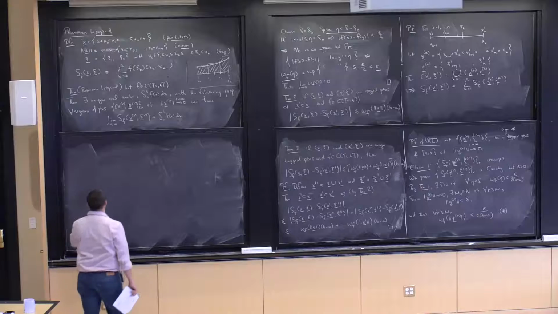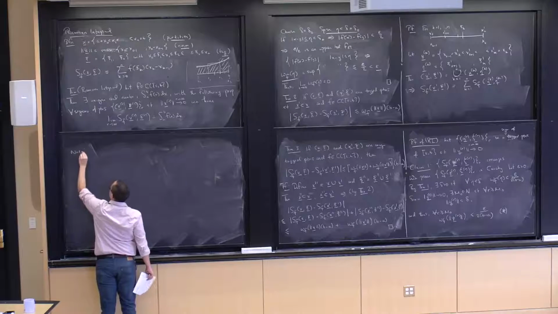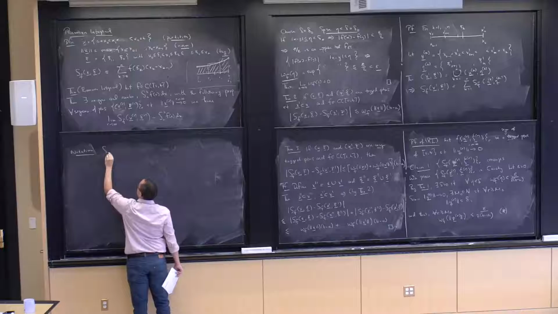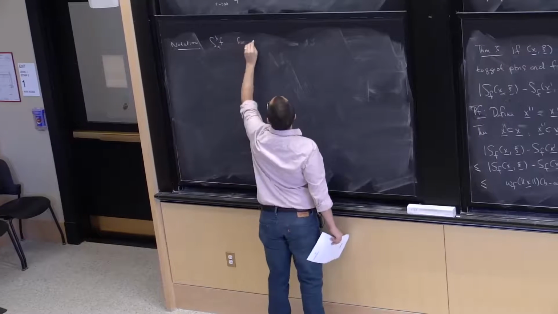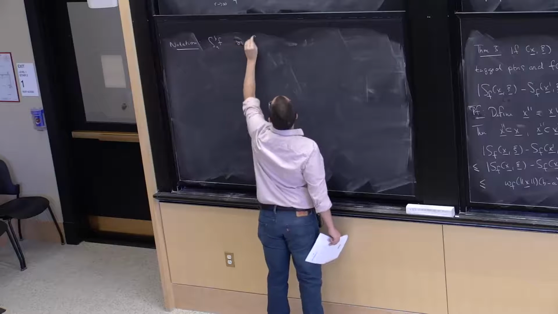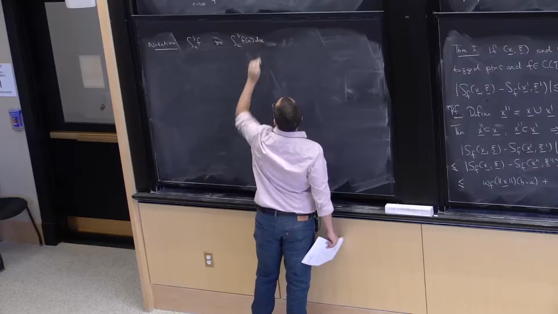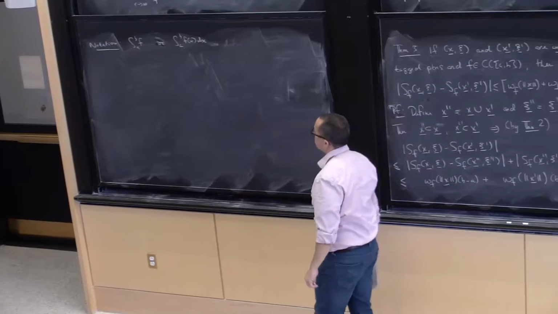So I'm often going to denote, if you like, this is some alternative notation I'll use. Instead of writing f of x dx, I may just write the integral from a to b of f, okay?